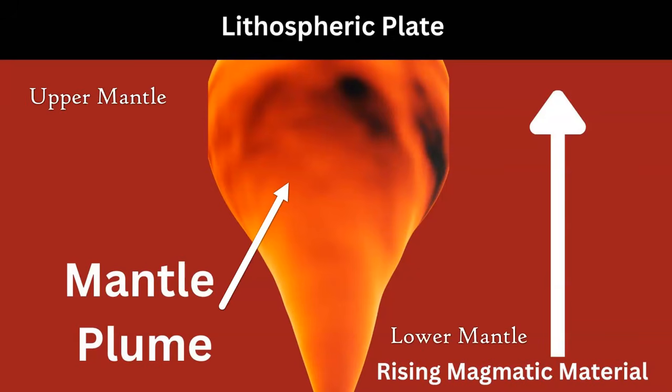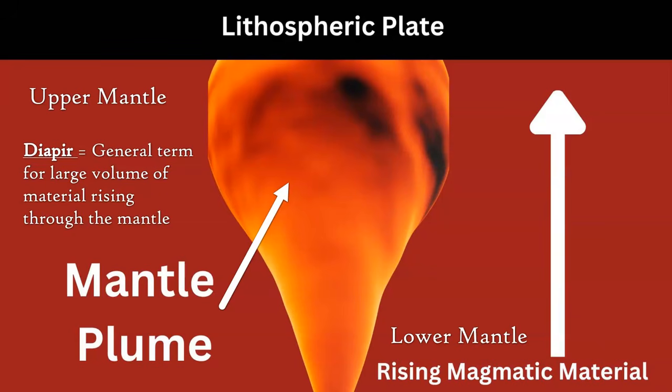So geologically, a mantle plume, or magma plume as it's occasionally known, is a form of diapir. Now a diapir is a large volume of magmatic material that is either different to the surrounding rock through thermal properties, being hotter, or through composition, where it's less dense and can rise based on density.